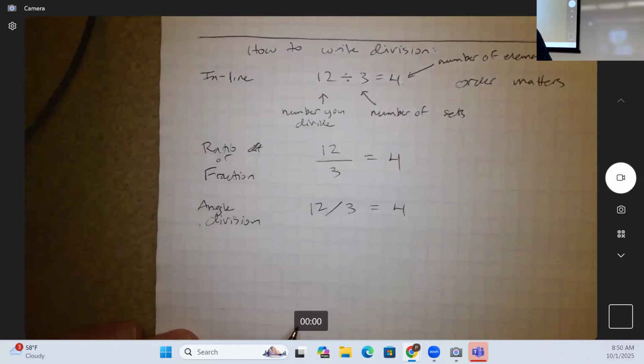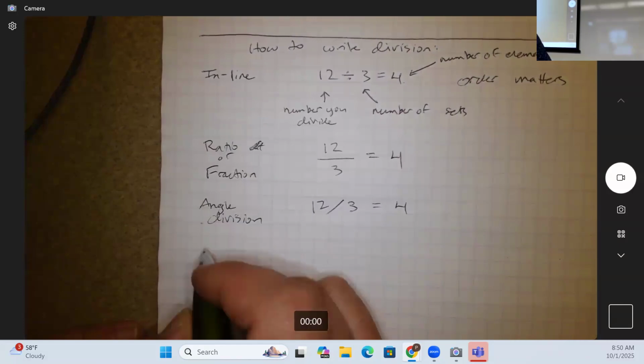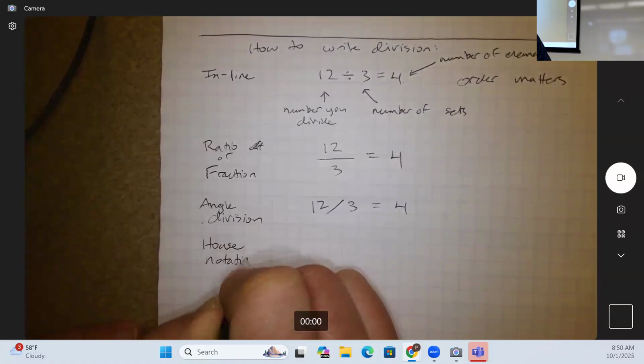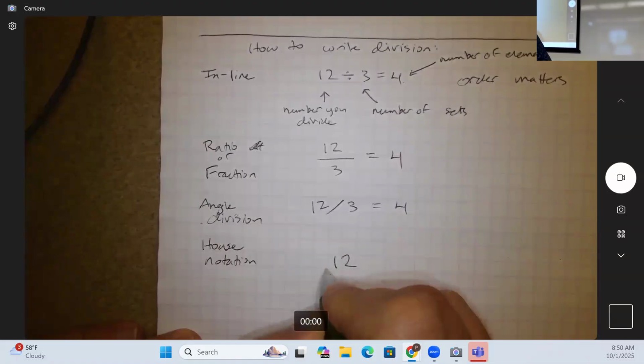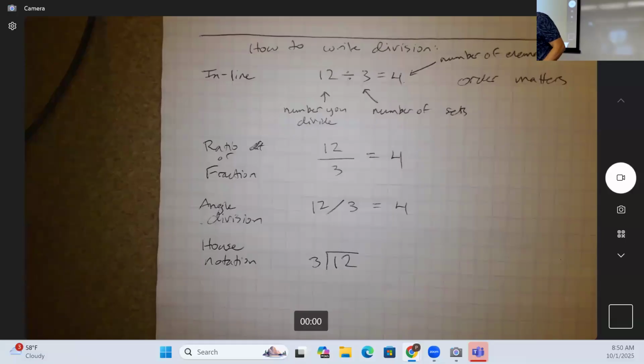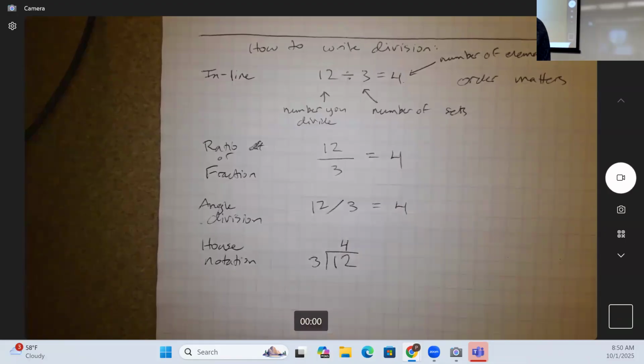And then there's the, I don't know if there's a word for this. I'm going to make it up. The house notation. You put your number in a house. So the number you divide goes in a house. The number of sets goes outside the house. And the number of elements in each set goes on top of the house, or sometimes comes after the equal sign.